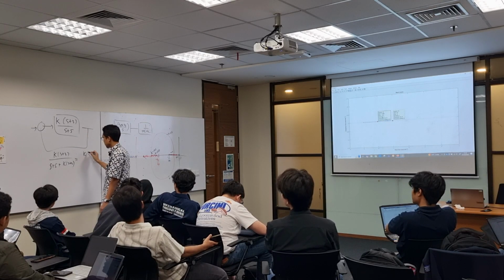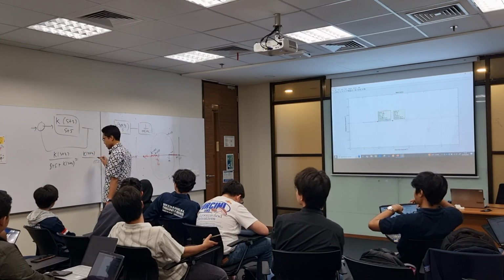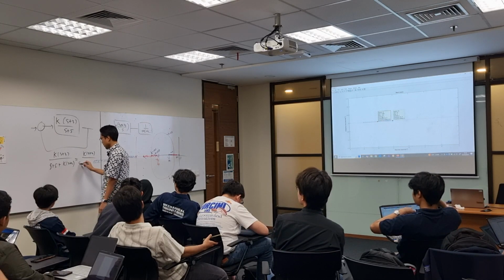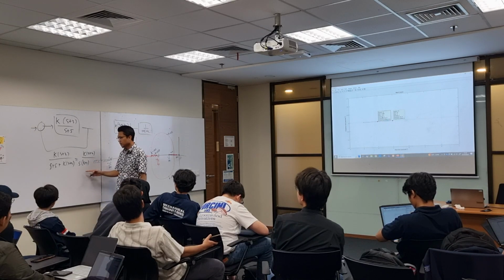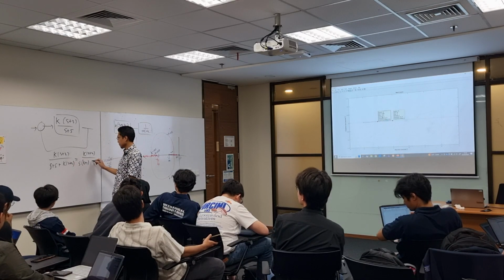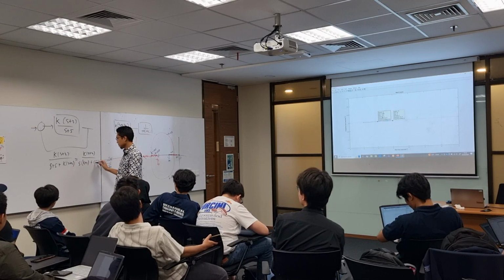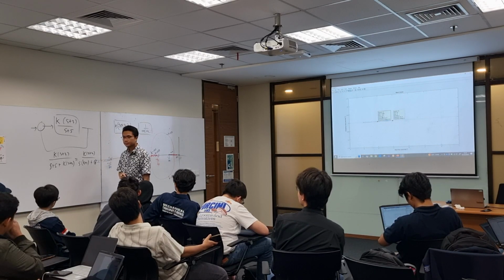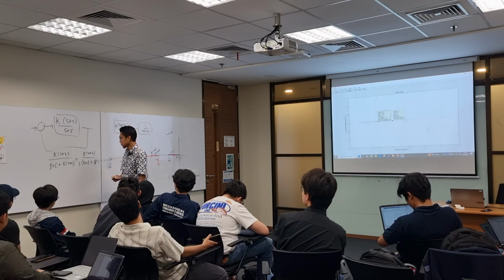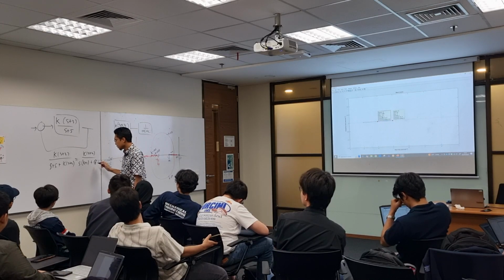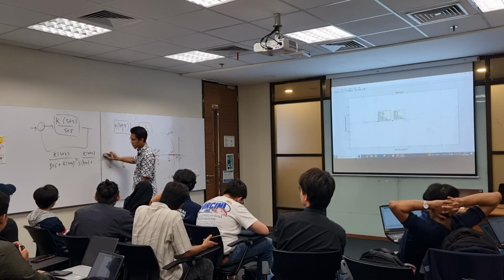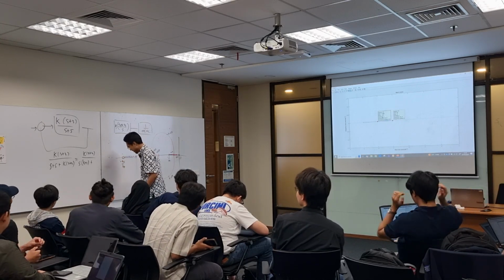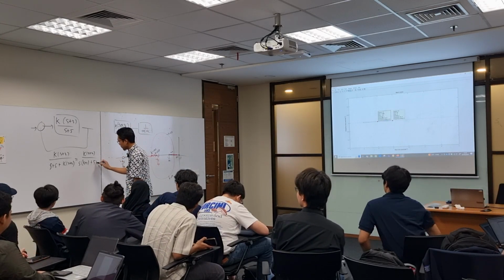So it becomes K(s+3) over (1+K)s plus 5 plus 3K. Okay, this is 5 plus 3K.